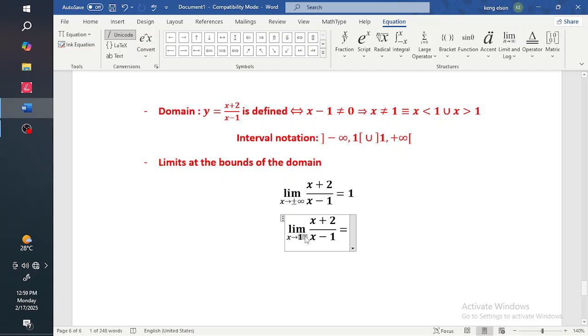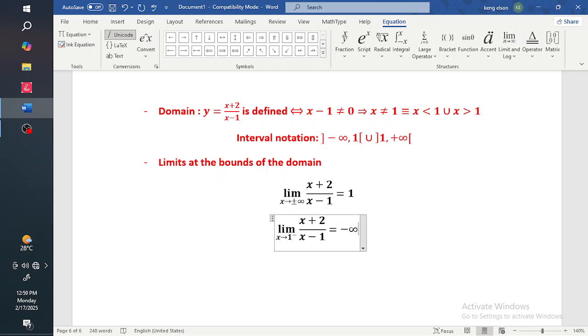So we can take 0.999999. Now if we take 0.9999 and add it to 2, you are going to have 2.99999. Now if we take 0.999 and subtract 1, it's going to give us a negative number, negative 0 point something. So you realize that the result will be going to negative infinity.